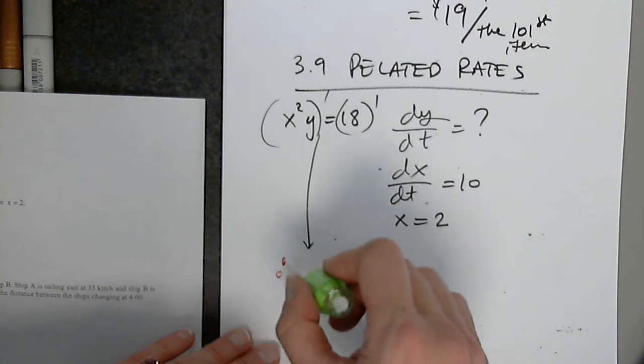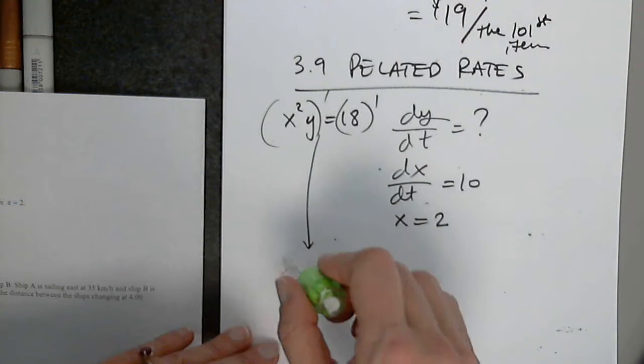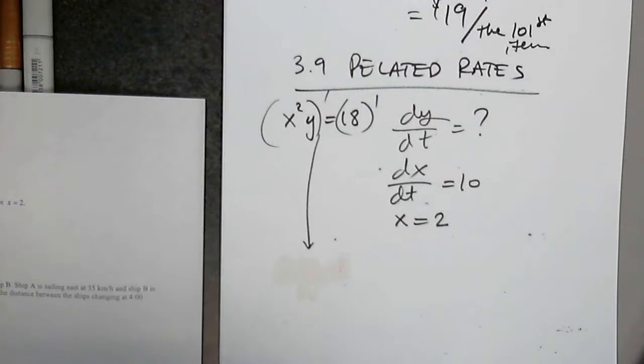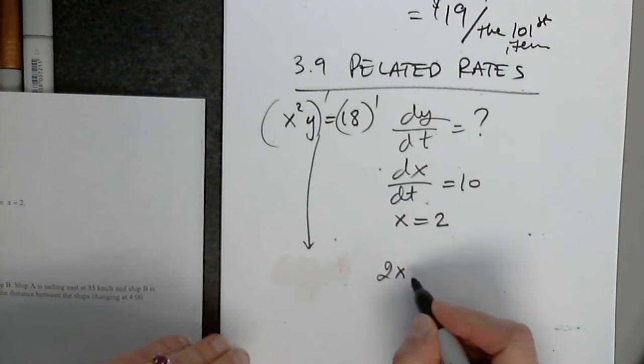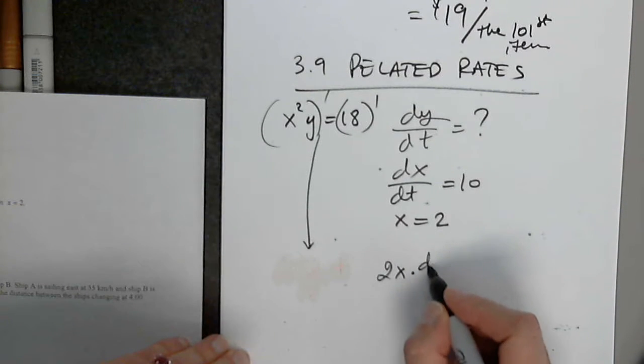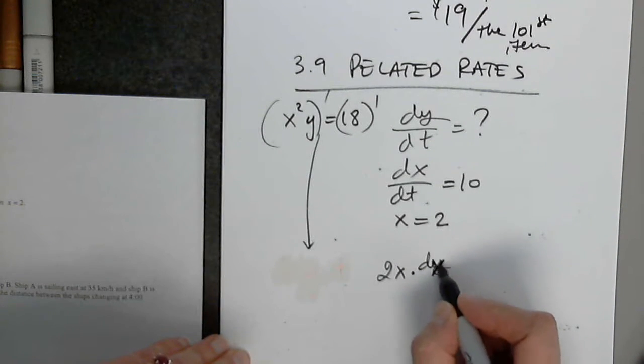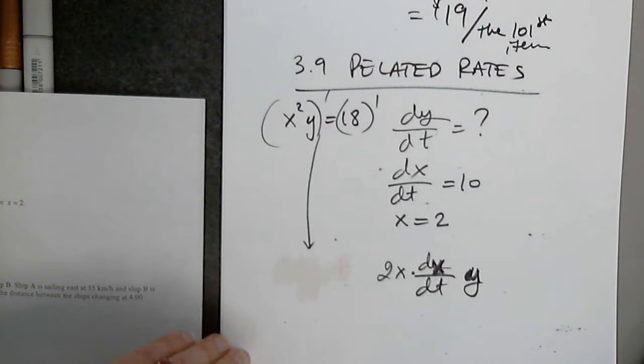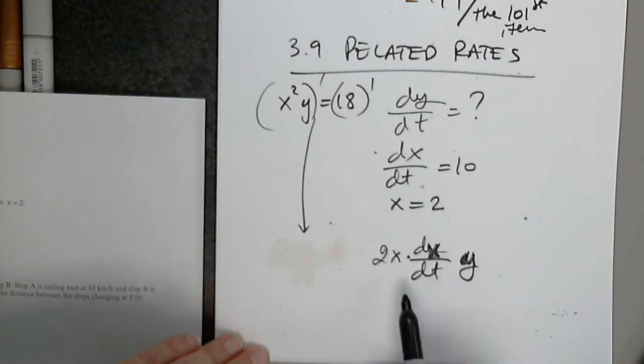It's easier if I start in a different spot. So one more time. x is a function of t. y is a function of t. 2xy, careful, dx over dt times y. That's okay. It's correct. Everything you said is perfect. I just want to write it one next to the other.